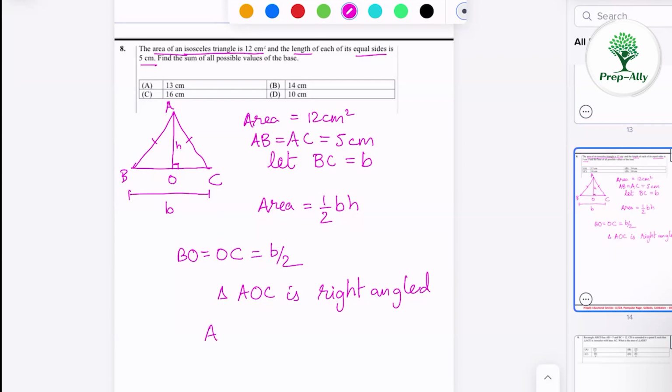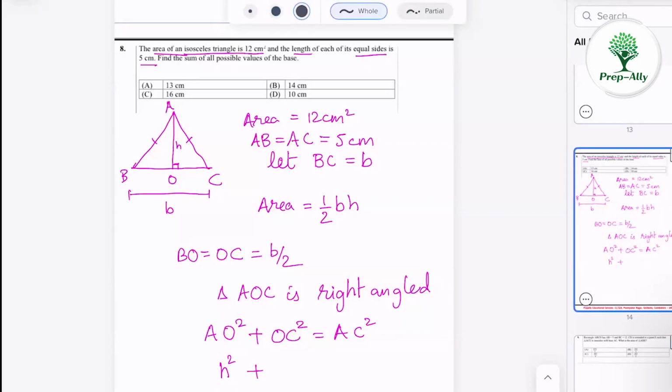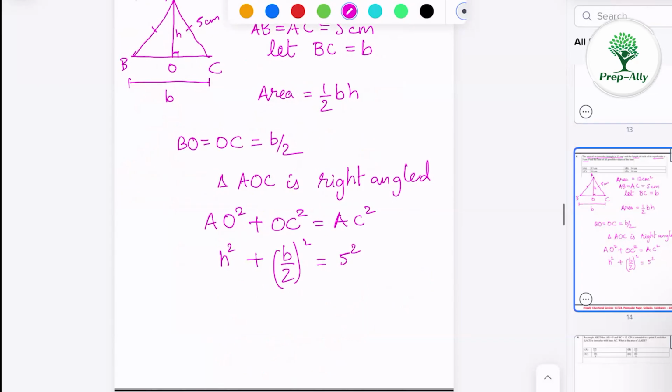So we have AO square plus OC square equals AC square. And we have H square plus B by 2 the whole square equals AC square. We know AC is 5 centimeter. So 5 square.